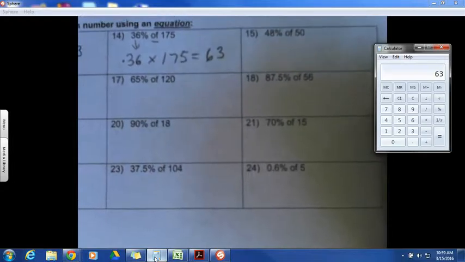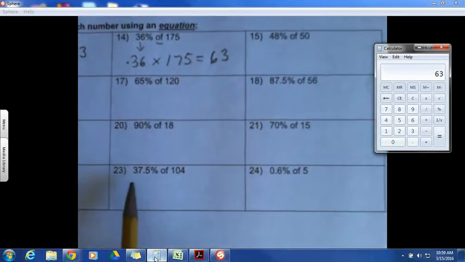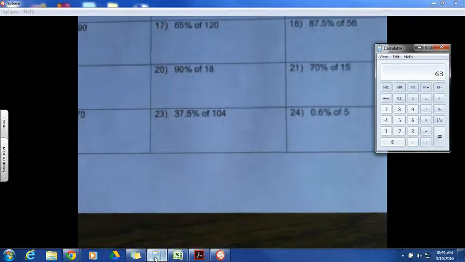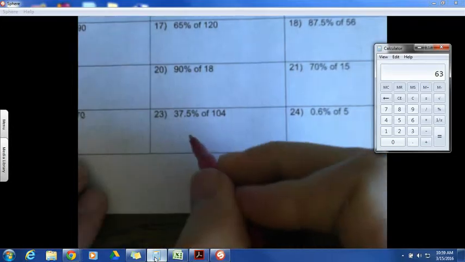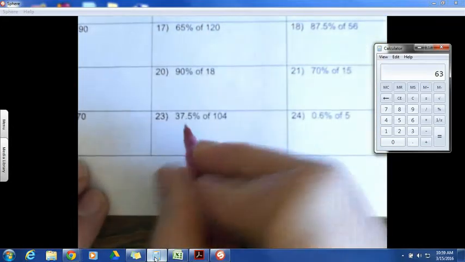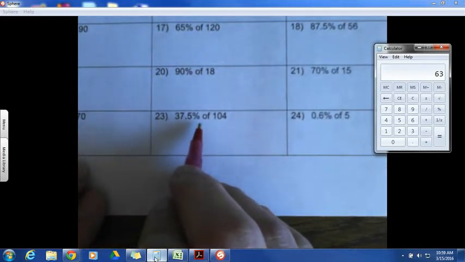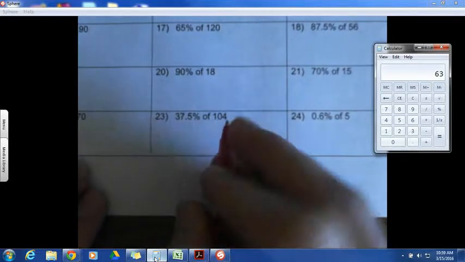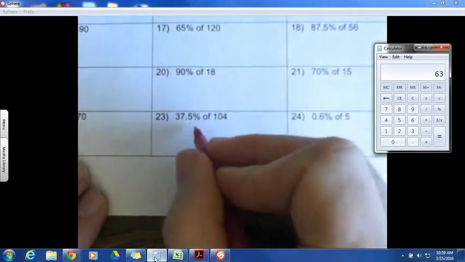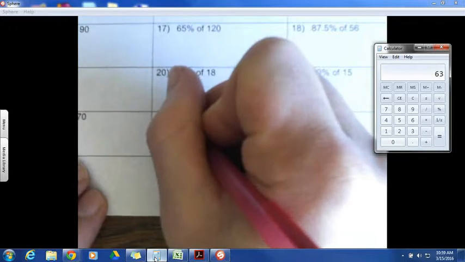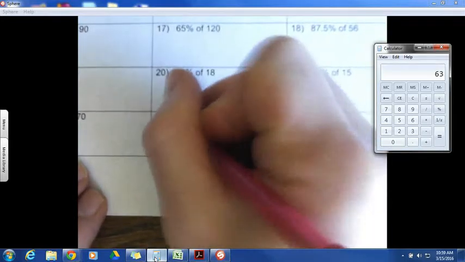Let me do one with a decimal in the percent. That might be confusing for you. So let's try to convert 37.5 on number 23 here to a decimal. So this says 37.5% of 104 is what we're trying to find. So to turn this percent to a decimal, we just move the decimal just like we did before, 2 places to the left.